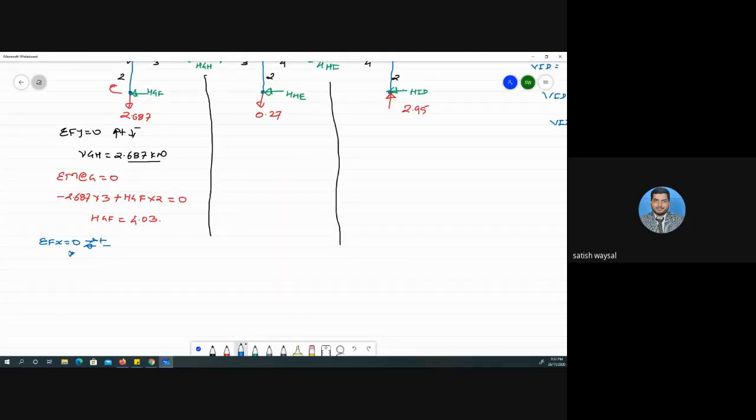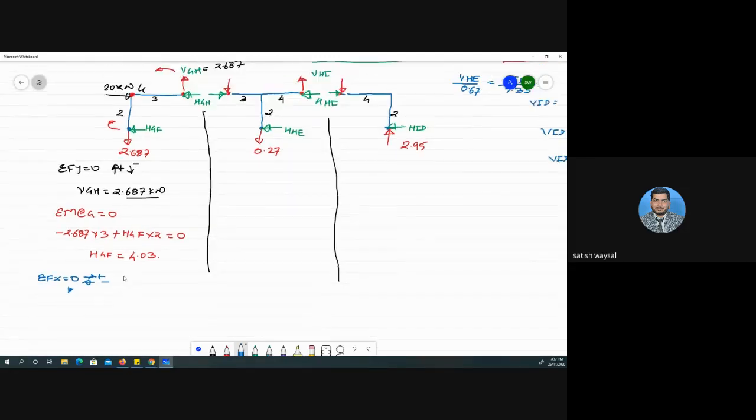Now in these horizontal reactions, we have to perform the positive and negative signs. In the upper story, this 20 kilonewton is positive towards this side, so 20 minus 4.03 minus HGH is equal to 0.